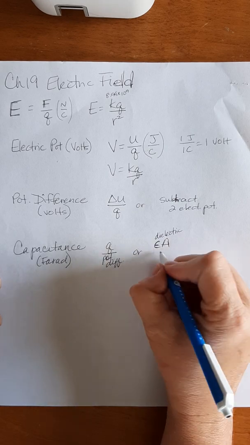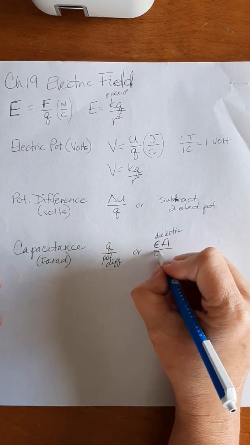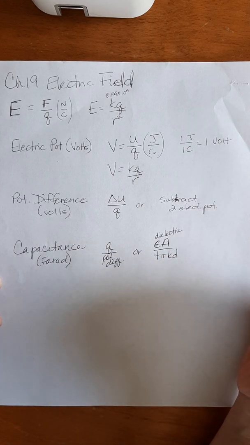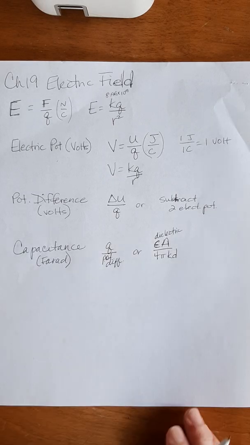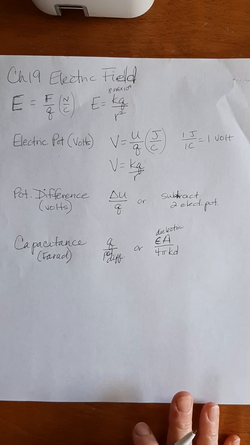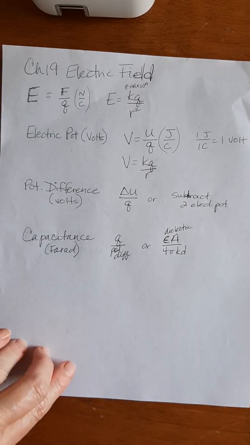A is the area of the plates. And so those are the formulas we're going to be using. So now, let's get busy.